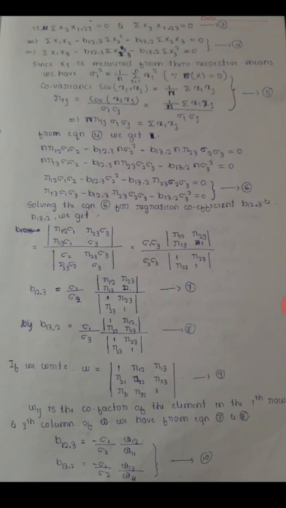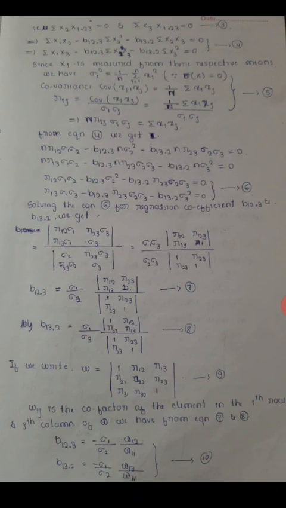And n r13 sigma 1 sigma 3 minus b12.3 n r23 sigma 2 sigma 3 minus b13.2 n sigma 3 square is equal to 0, using equation number 4 and the relation n rij sigma i sigma j is equal to summation xi xj.